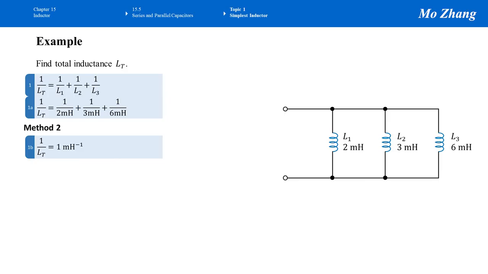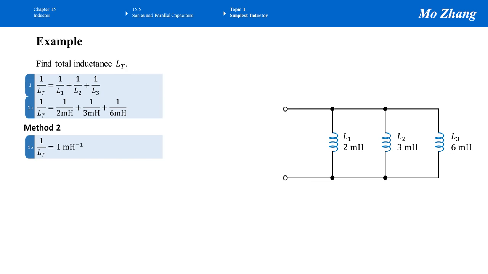That equals 1. The unit here causes some confusion. Let's look at step 1A again. On the right-hand side of the equation, every term has millihenry. The unit of the final answer must be millihenry as well. It just cannot be another prefix or unit. Regardless of all these terms, we just put the millihenry here. However, this is 1 over millihenry or millihenry to the negative 1.